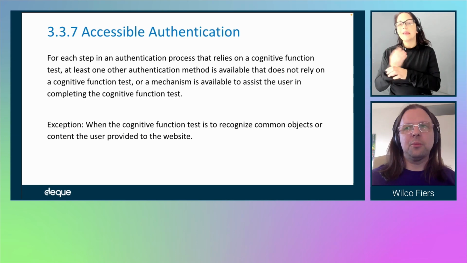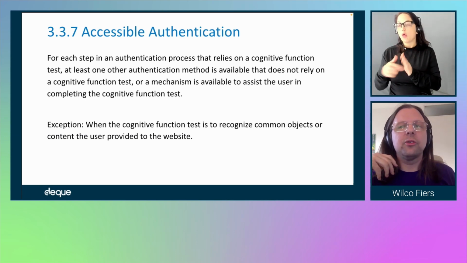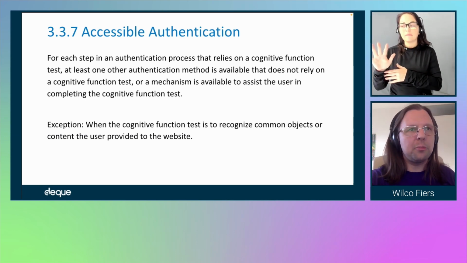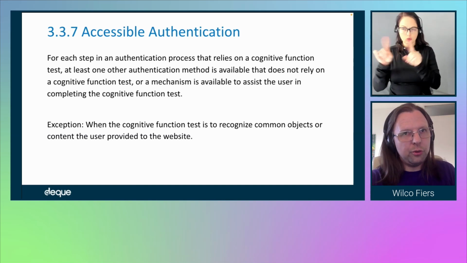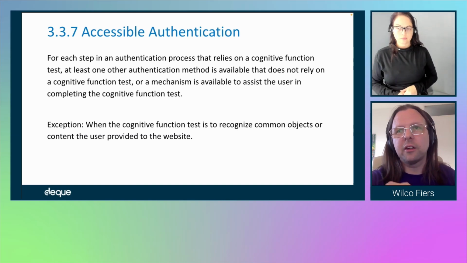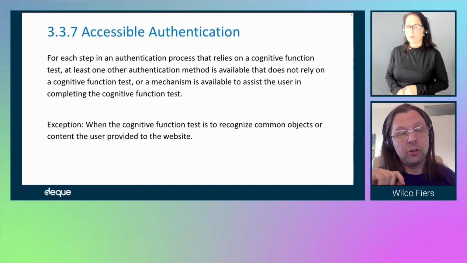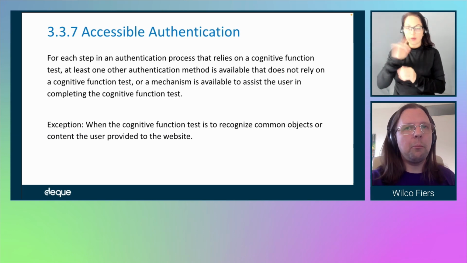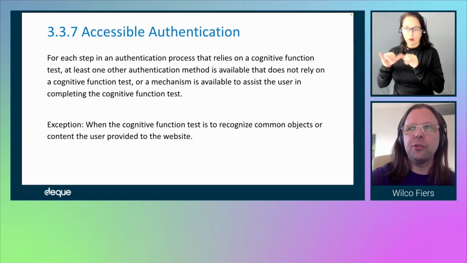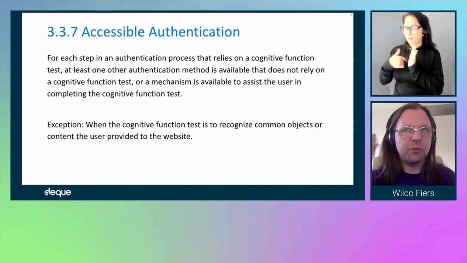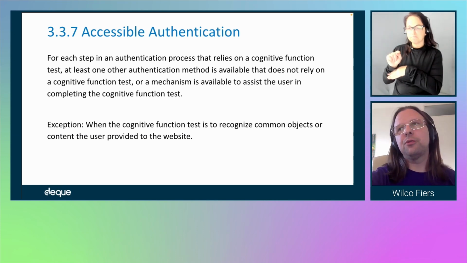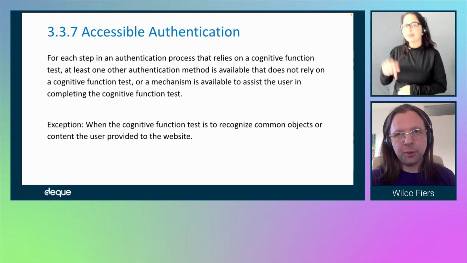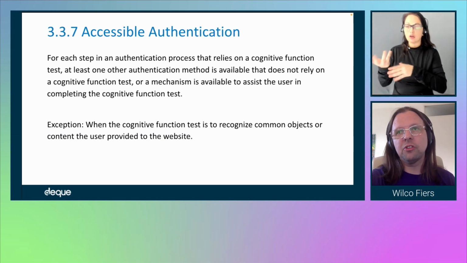How much is 3 times 5 is a cognitive function test, but CAPTCHAs are also considered a kind of cognitive function test. There's one exception to this, which is recognizing common objects. Point me to the 3 images that have this bus on it is an exception that was applied to this success criterion, as this is a very, very common pattern in security that a lot of organizations do rely on.